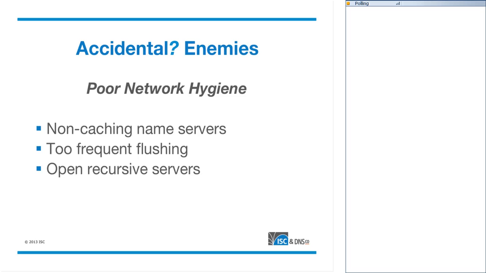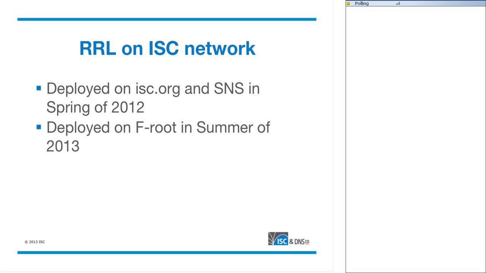Gotcha. Understood. Now, can you tell us a little bit about the time frame of deployment on ISC resources of RRL? So we deployed it on the authoritative name servers for ISC and SNS. This is back when we still had the original Red Barn packages, back in the spring of 2012. At the time, we didn't see a need to run this on the F-Root name server, partially because it's a DNS root server, and we're very conservative in how we configure it.